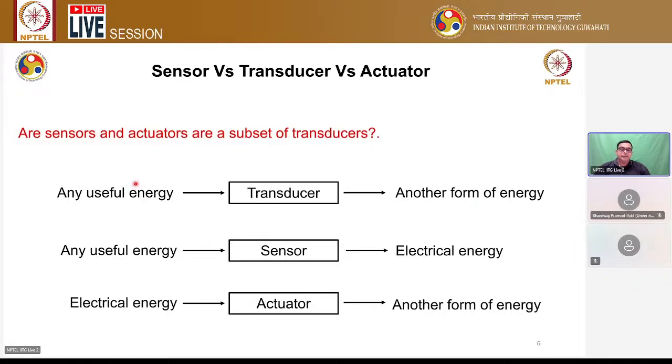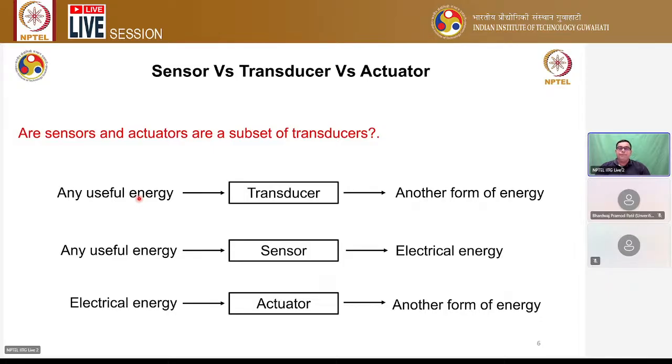Say one form is heat energy, and it converts that into mechanical energy. Similarly, you can think of chemical energy, and the transducer converts that into heat energy. So this is the definition of a transducer.